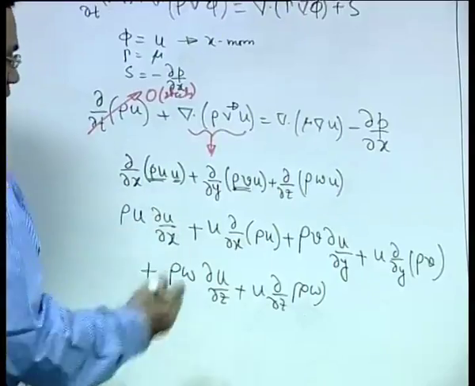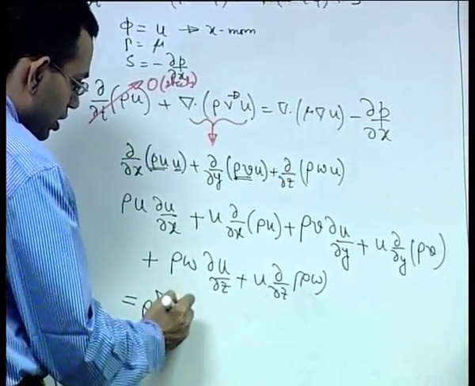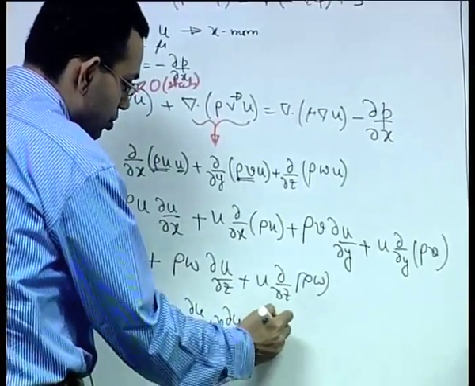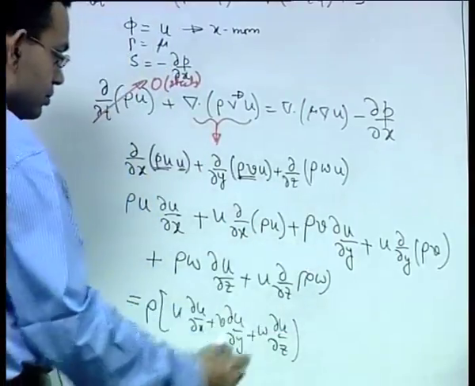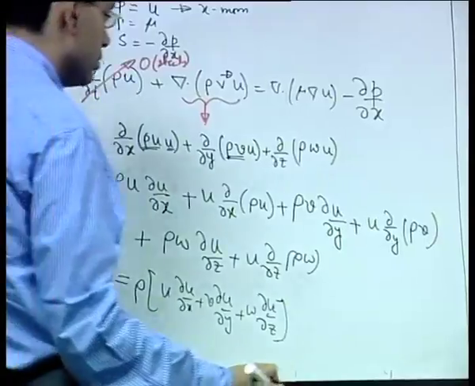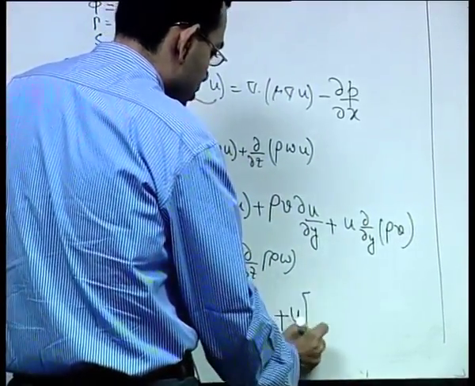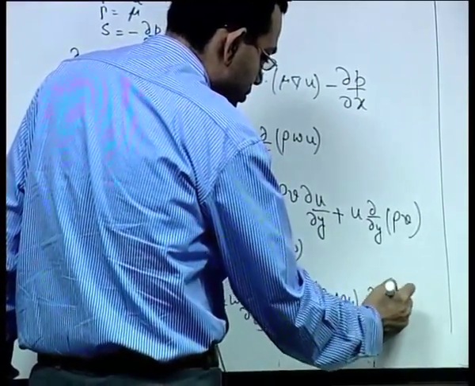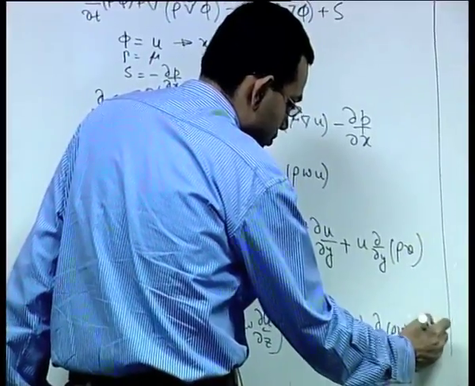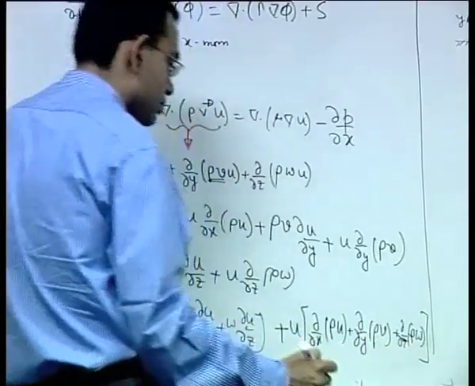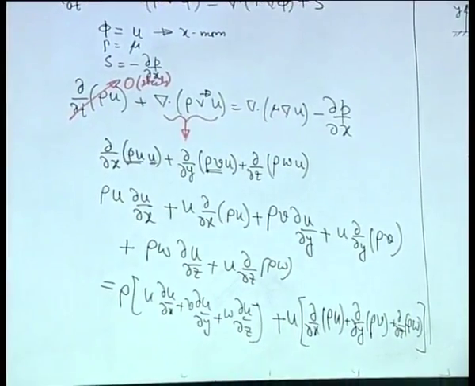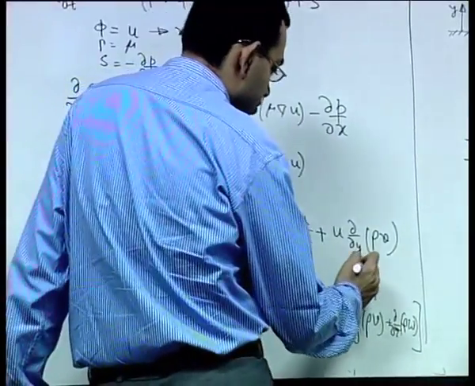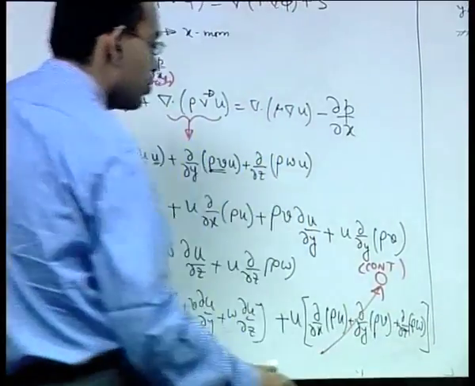And that is essentially rho u del u del x plus v del u del y plus w del u del z, plus u del x of rho u, similarly del y of rho v, and this term is 0 because that is the continuity equation. Whatever is there in this square bracket, that is 0.